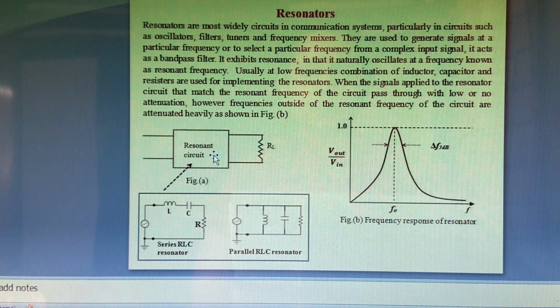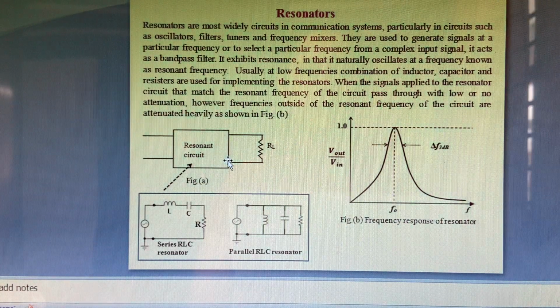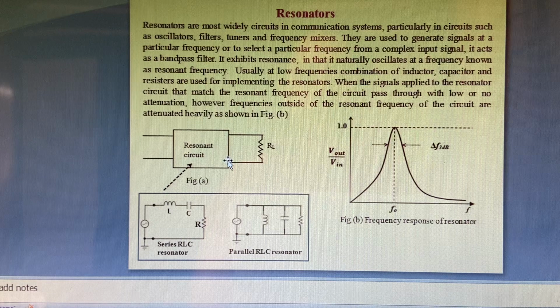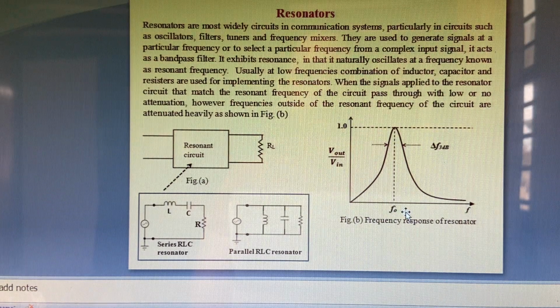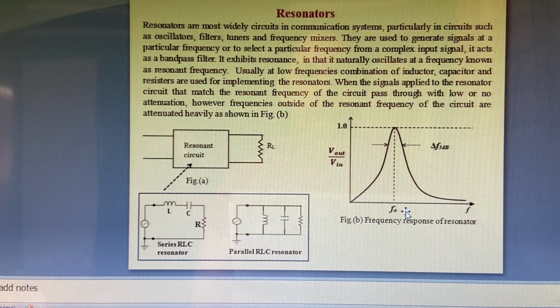So for a resonator circuit like this one, if you apply an input signal here, the frequencies that match the resonant frequency of this circuit pass through with lesser attenuation or no attenuation, as shown in this figure. The frequency f naught is called the resonant frequency, and it passes with lesser attenuation.